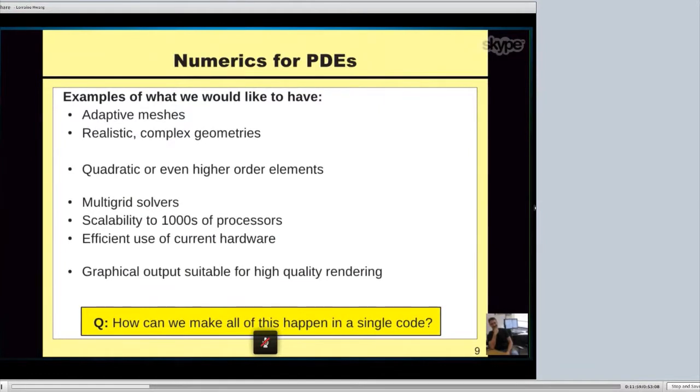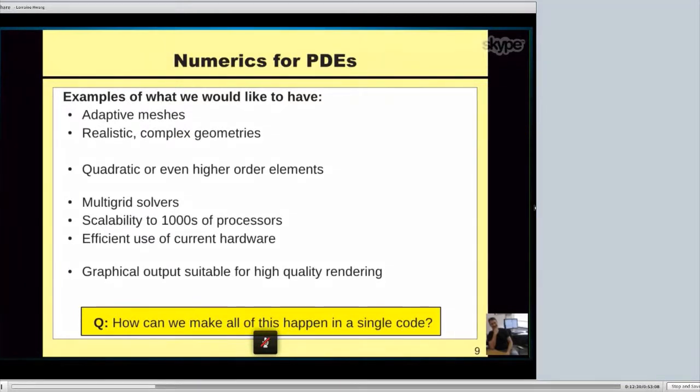So one of the codes that I'm writing is Aspect, this mantle dynamics code, and so one of the things that you could do as a simple geometry is just a spherical shell, but of course in reality you would actually want to have a geometry that resembles, for example, the geoid, or maybe that even has surface topography. So it's not enough anymore in that case to work just with spherical coordinates, but you really have to work a little bit harder.